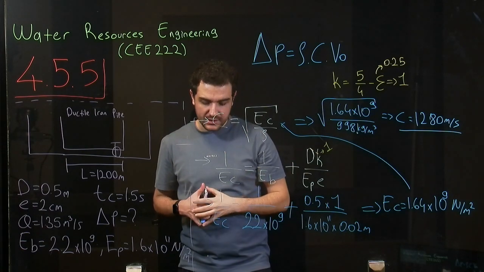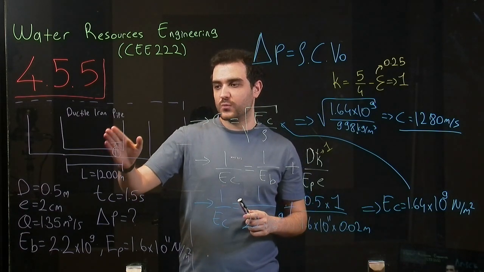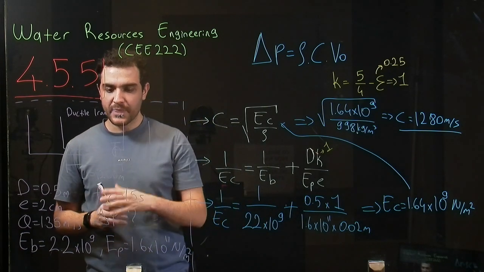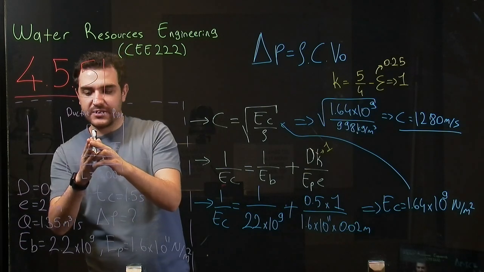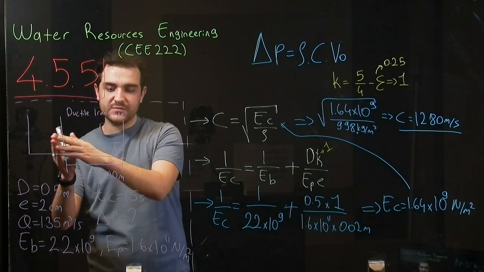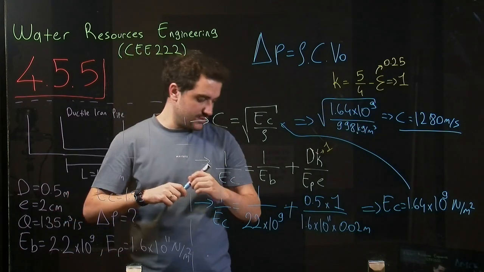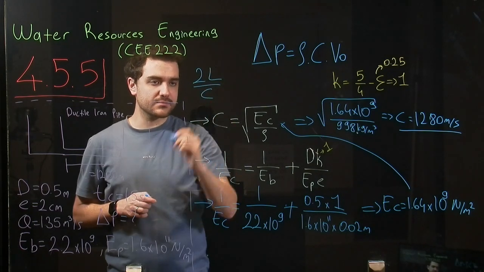And now we can calculate the return time of water pressure wave after we close. If you remember from the first question, once we close this valve, it will go back to the reservoir and it will return back to the valve. So this time was 2L over C.